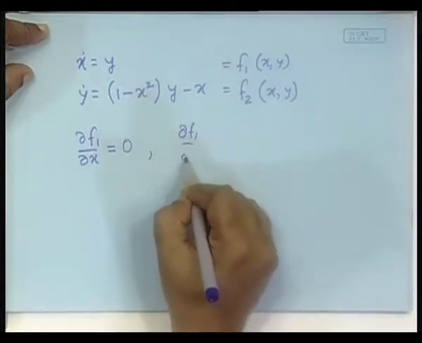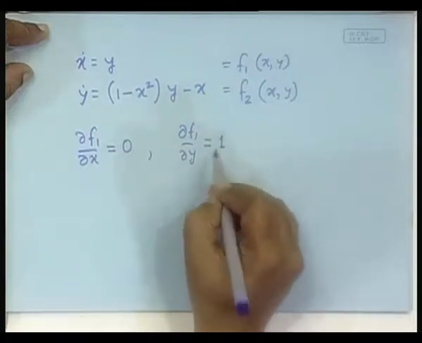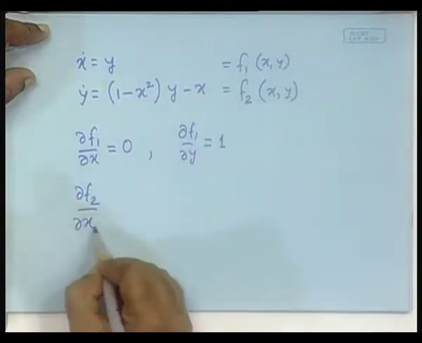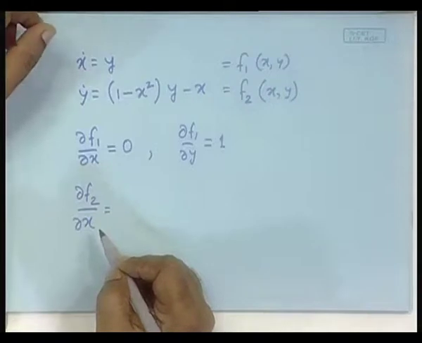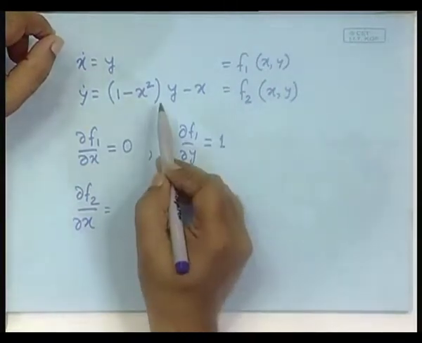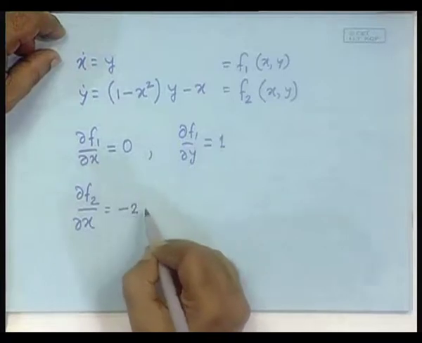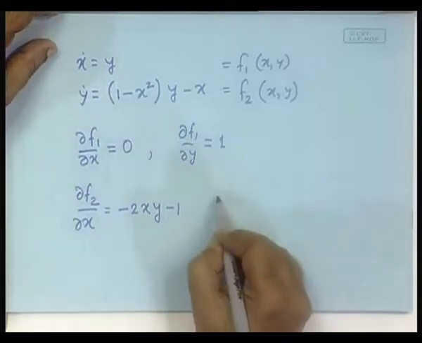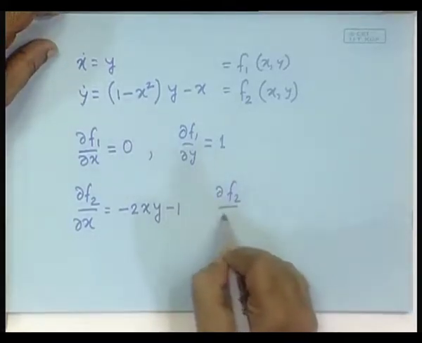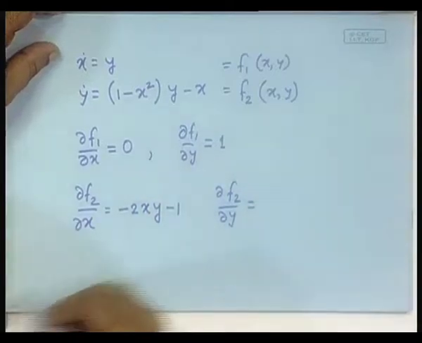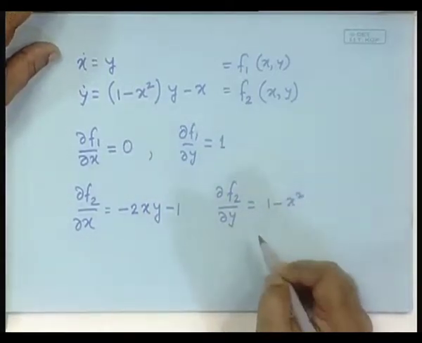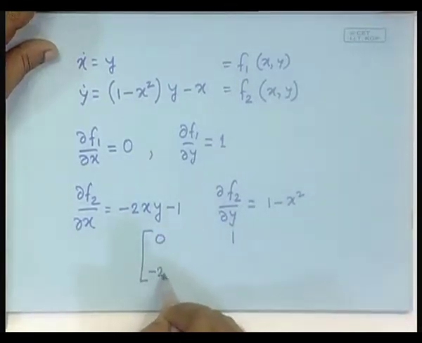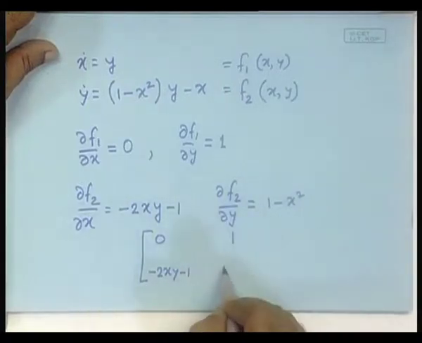Dou f1 dou y is 1. Nice, but here there will be something. Dou f2 dou x is minus twice x y minus 1, and dou f2 dou y is 1 minus x square. So, your Jacobian matrix essentially becomes [0, 1; minus twice x y minus 1, 1 minus x square].